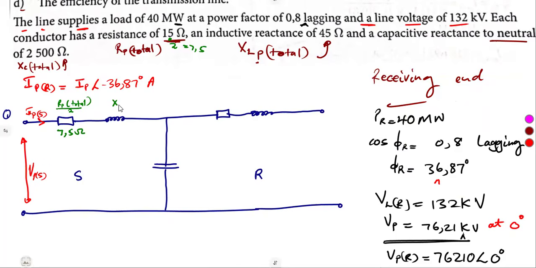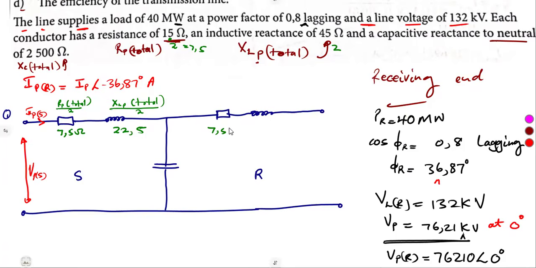Also, the reactance here of the inductor, we take the total of it and divide by 2. So 45 divided by 2 gives us 22.5 ohms. These are the same values that you're going to have on the receiving end.